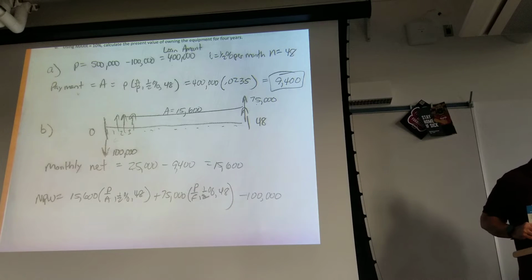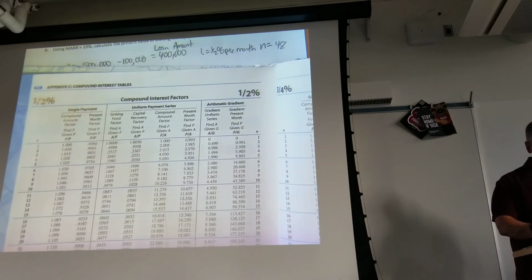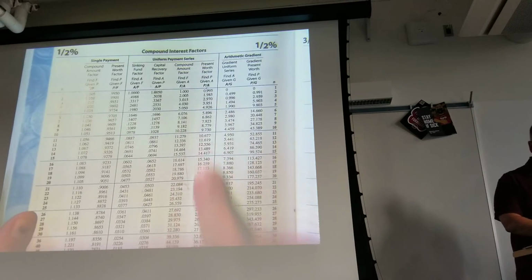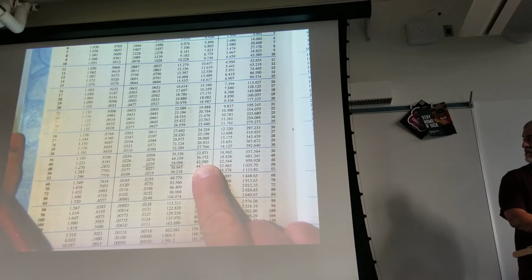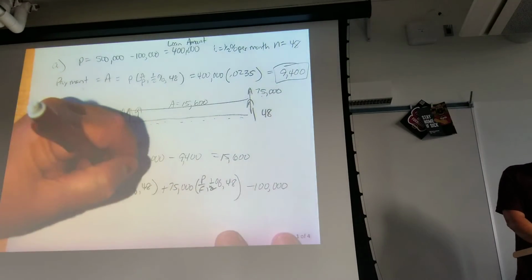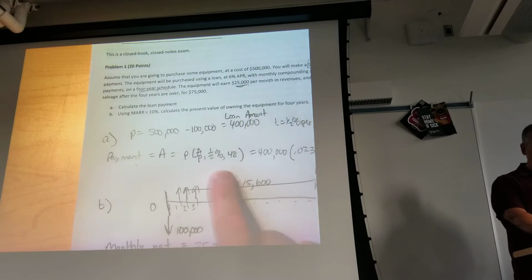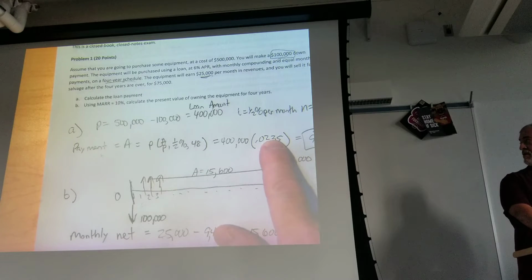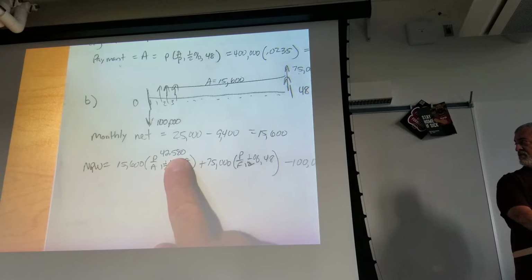Okay, so P over A, 0.5%, 48. There's 0.5%. P over A, 48. Down, down, down to 48. It's 42.580. Remember, we looked up A over P. It was 0.235, so 1 over that is, and vice versa.